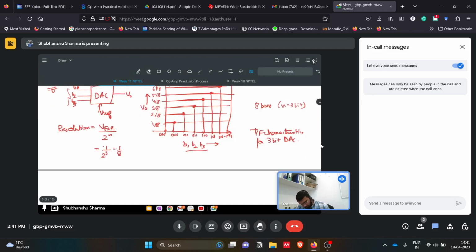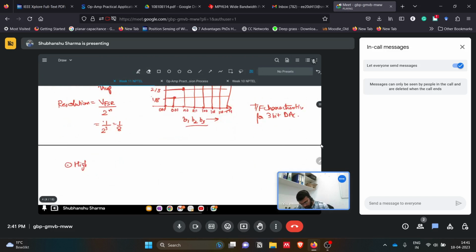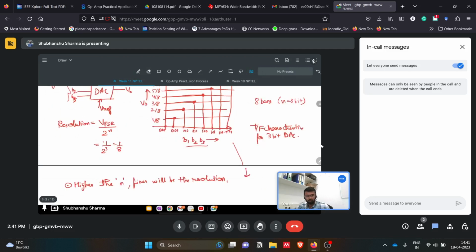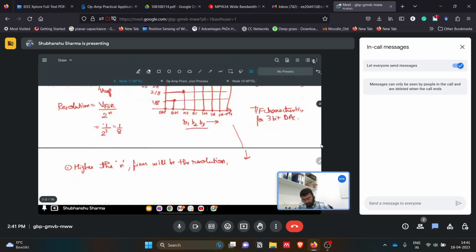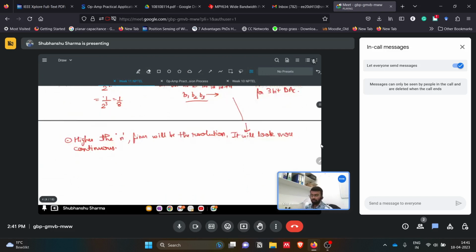Now we can observe this: the higher the n value, that is the number of bits, the finer will be the resolution. And the figure which we just saw will look more continuous.